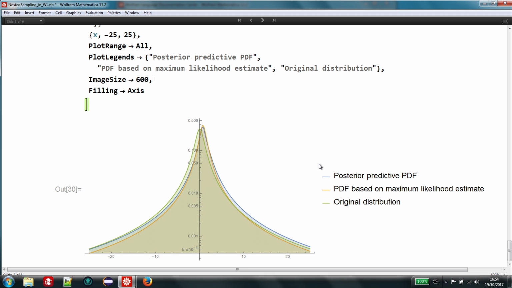If you do that, you get one location and scale parameter, and you just use that as the distribution. What I'm doing here in this blue function, this posterior predictive function, is that I actually have a lot of Cauchy distributions with different parameters, and they're all weighted according to how likely they are. And that's how I construct a new probability distribution that tells me where my next sample is going to be. So that's something you can do.